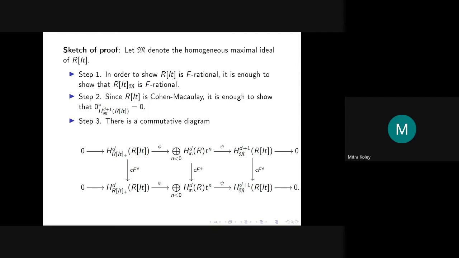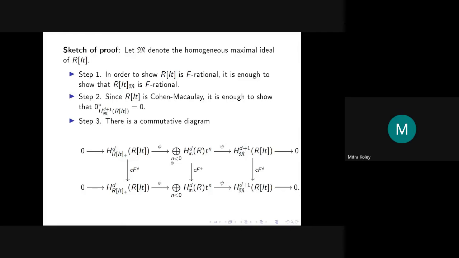Now step 3 is the crucial one. It is important that there exists a commutative diagram like this. Here one can see that on the right-hand side, H^{d+1}_M(R[It]) is a graded module, and it is supported only in negative degrees. That is why this n is less than 0.